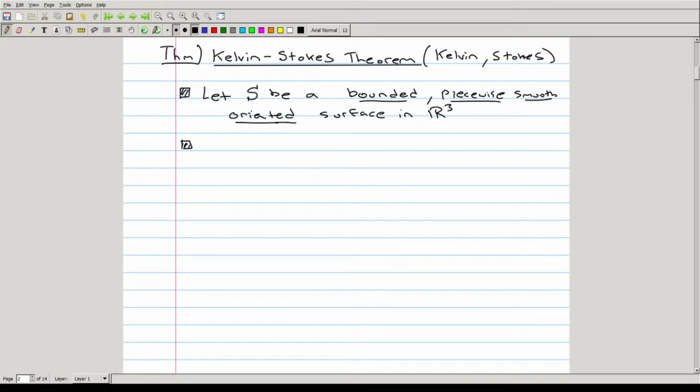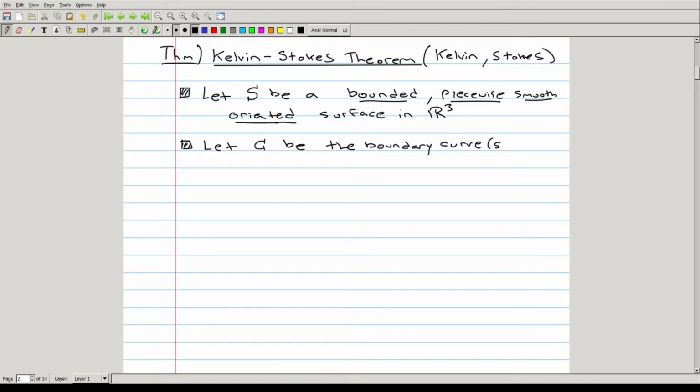And furthermore, we will let C be the boundary of S, a boundary curve.